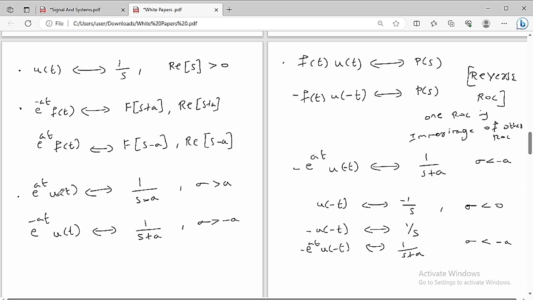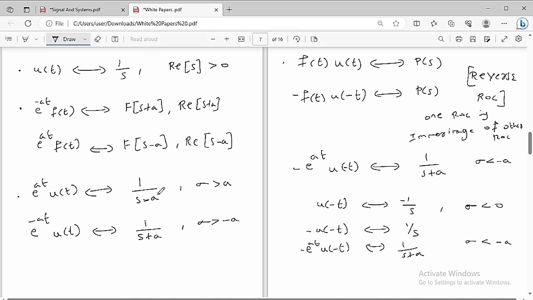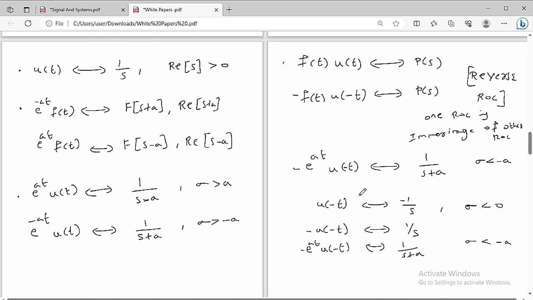Now from this, you know this expression. So I multiply here minus e to the power of at into u of minus t, meaning f of t is e to the power of at and u of t is taken. Therefore, from this formula, the Laplace transform is the same, 1 by s minus a.